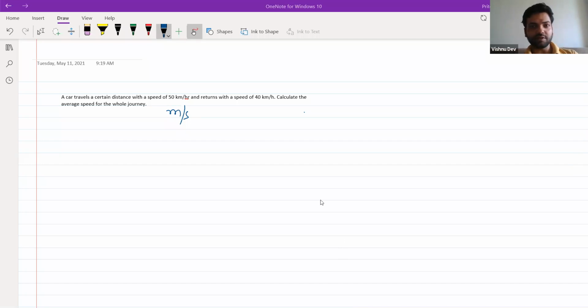I'm getting quite different results from everyone. Just go through, guys. The information here is that in one way it is 50 kilometer per hour, and in the return journey it is 40 kilometer per hour. You have to find the average speed.